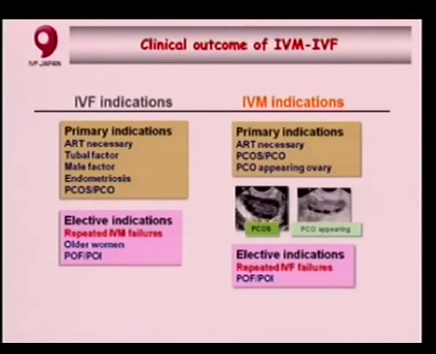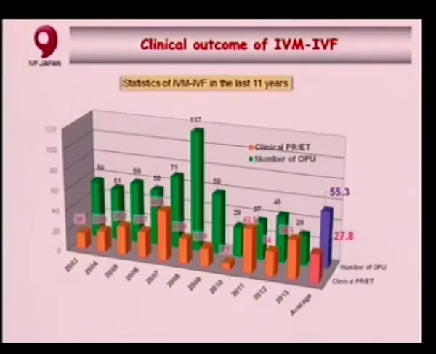And the outcome. This is the indication, which you already know. And this is the last 11 years. We have done about 55 cases every year, and the clinical pregnancy rate is about 28%.